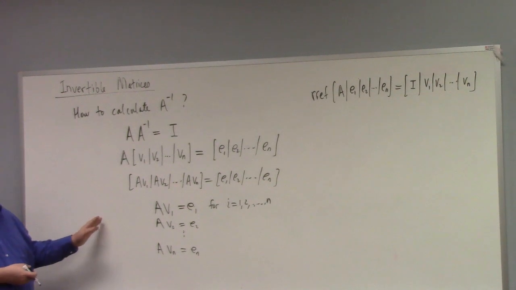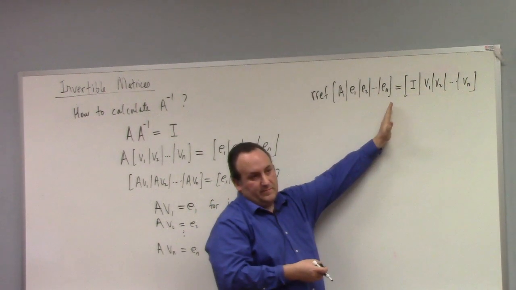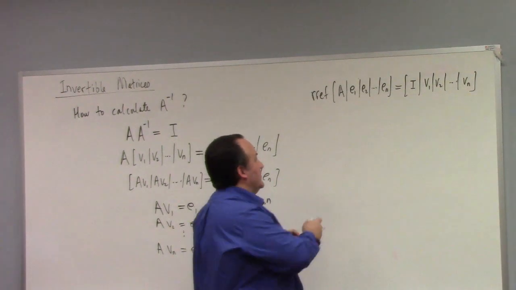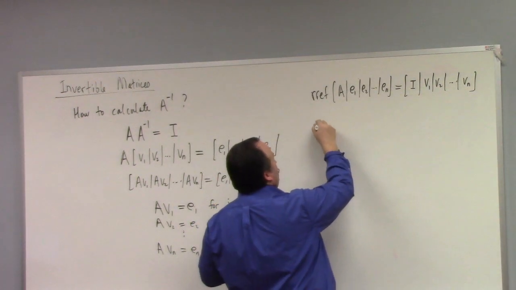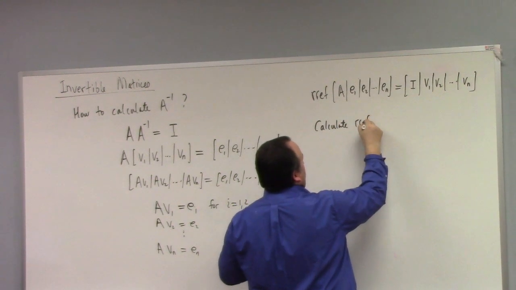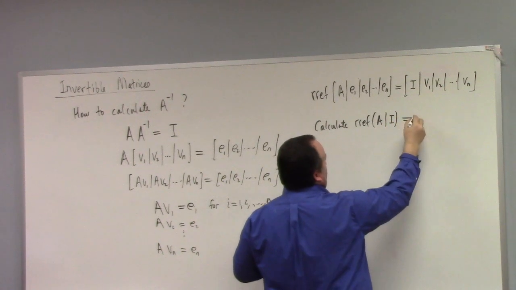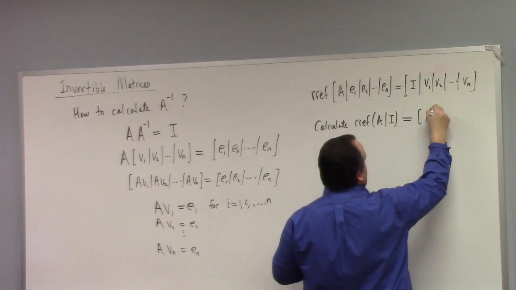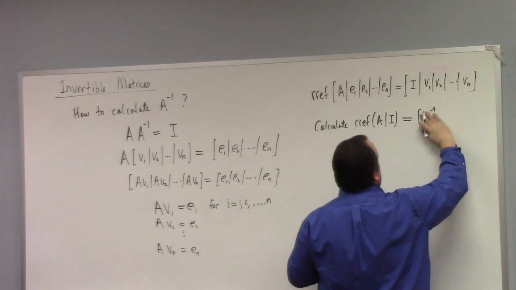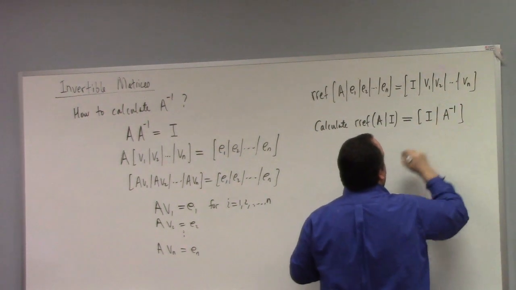So if I row reduce A augmented with, let me put it more specifically. What you do is you calculate the reduced row echelon form of A concatenated with the identity matrix, and that will work out to the identity matrix concatenated with A inverse, like that.